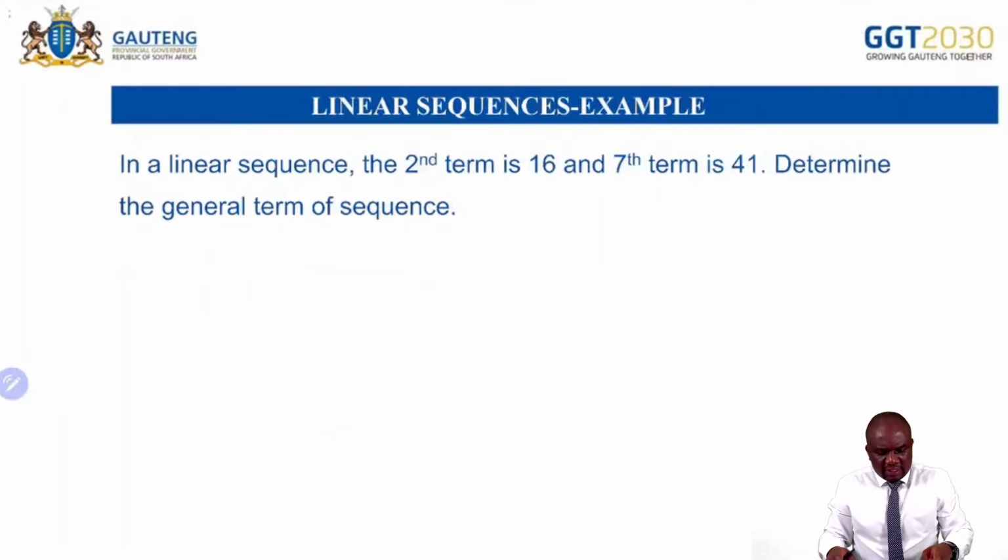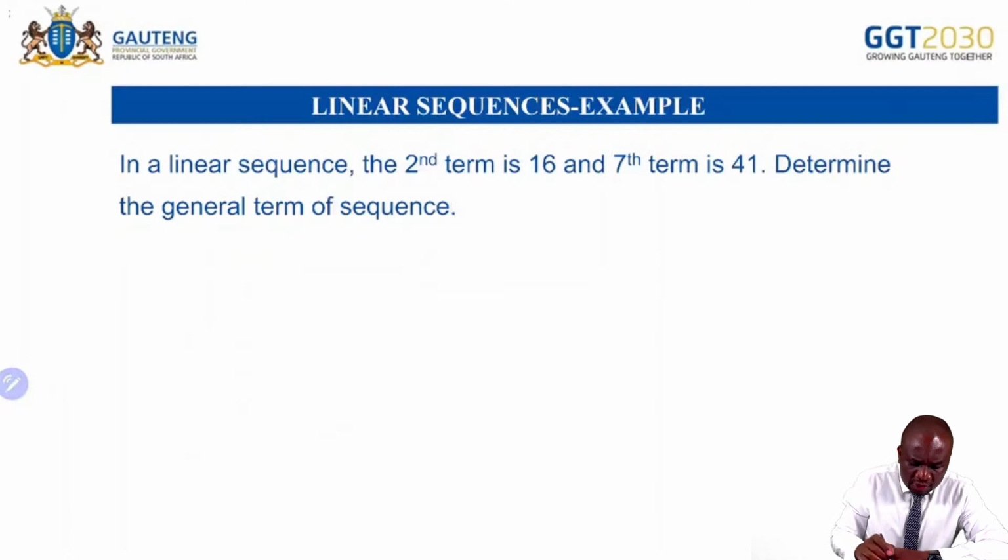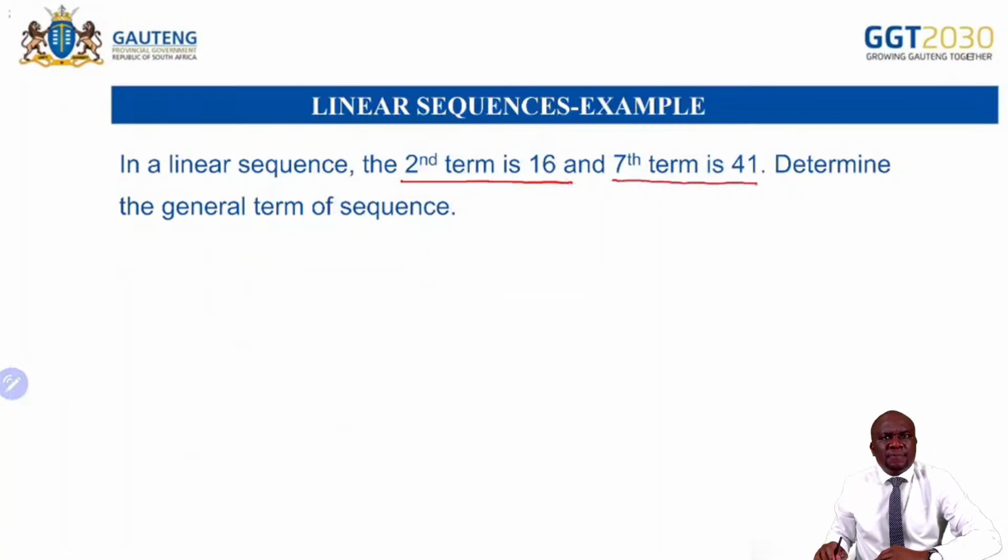Right, welcome back, grade 10s. Let's do this together. We're given two sets of information: the second term, which is 16, and the seventh term, which is 41. We're required to find the value of A and the value of B. So we need to create two equations and solve them simultaneously.